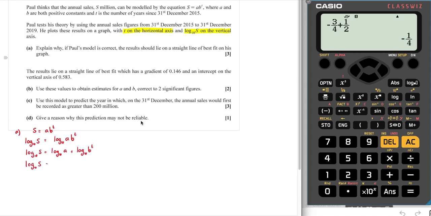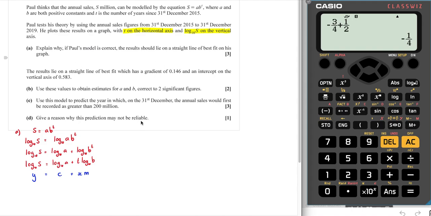Log 10 S is log 10 A plus T log 10 B. And what we've got there is, if we compare that with y equals mx plus c, it is the wrong way around to the way you would normally write it.